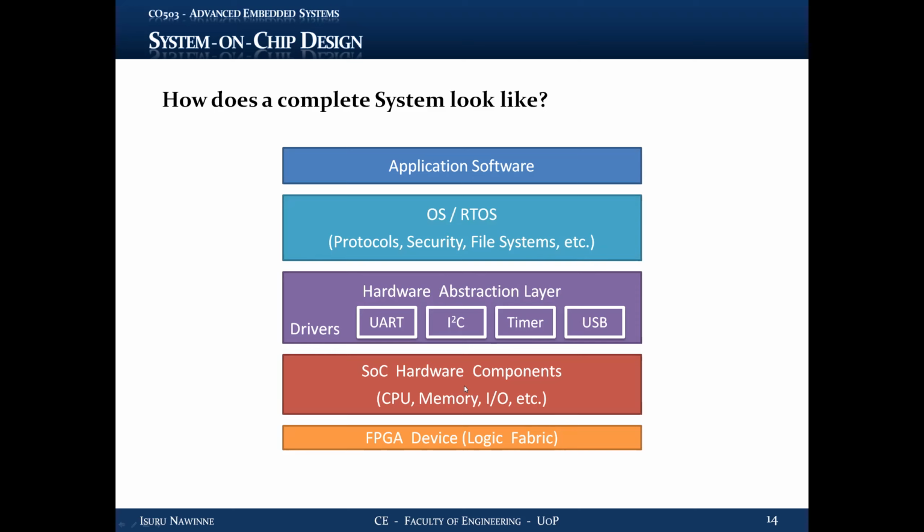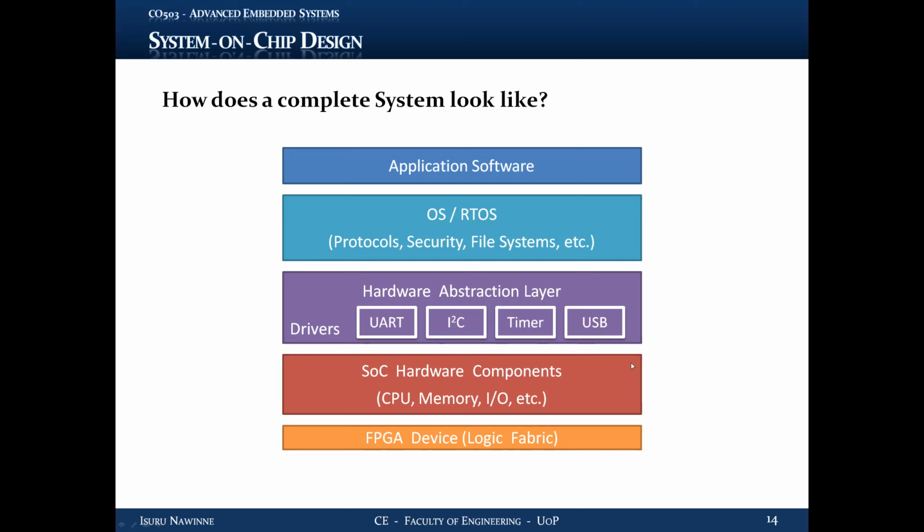You, as the designer, design the hardware that you put onto the FPGA fabric. So the device drivers also have to be built or generated for those hardware components, right? So you have the hardware abstraction layer, which is also tied to the different configurable hardware that you have in the lower level.